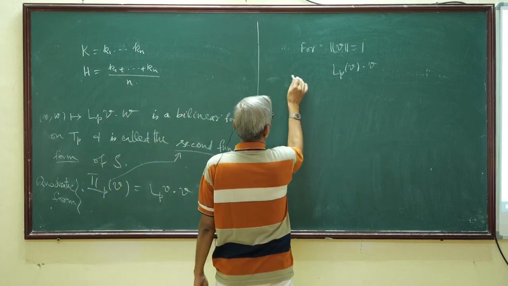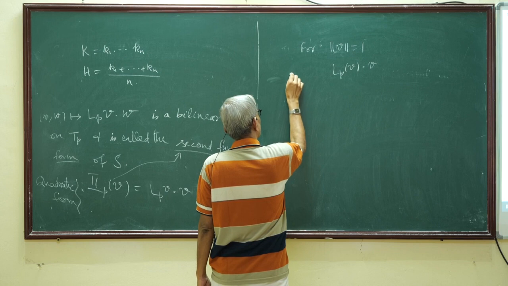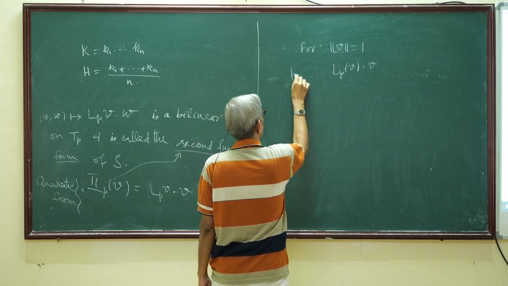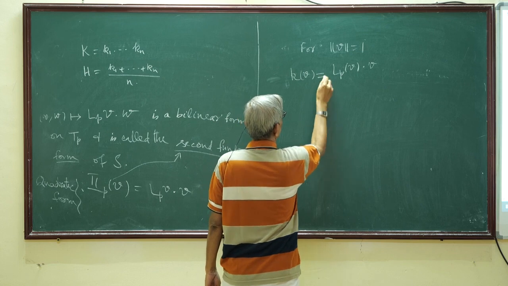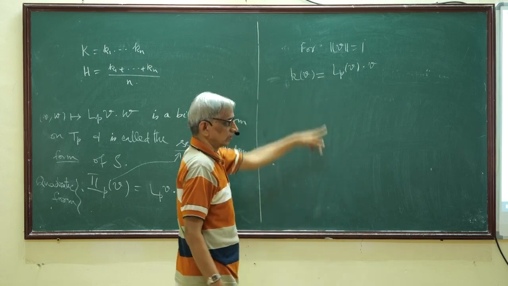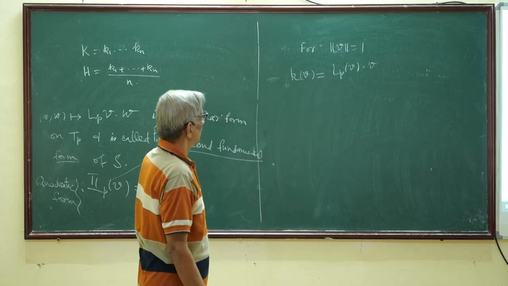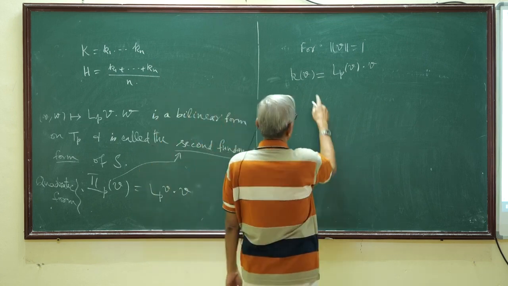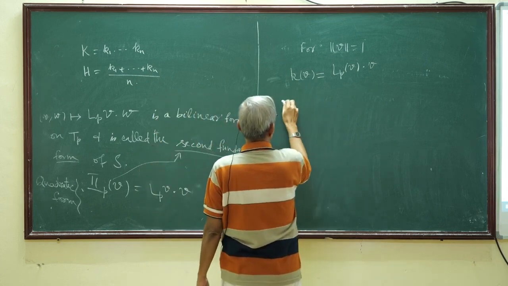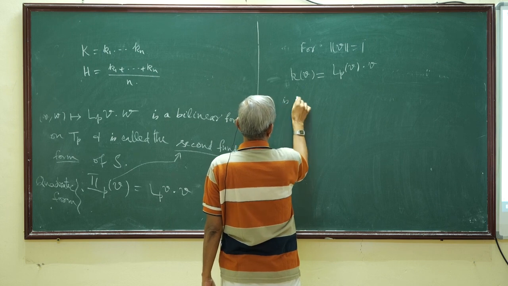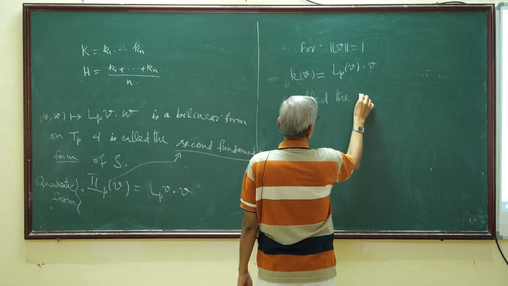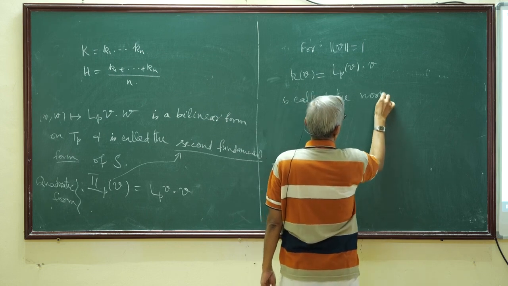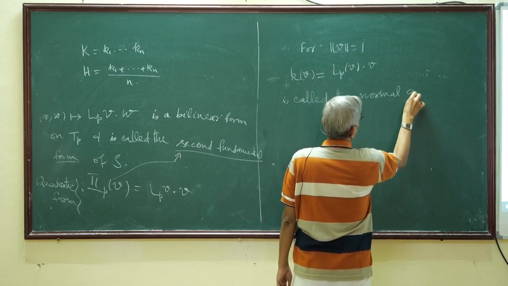This is denoted by k_v, if you want, and it is called the normal curvature.